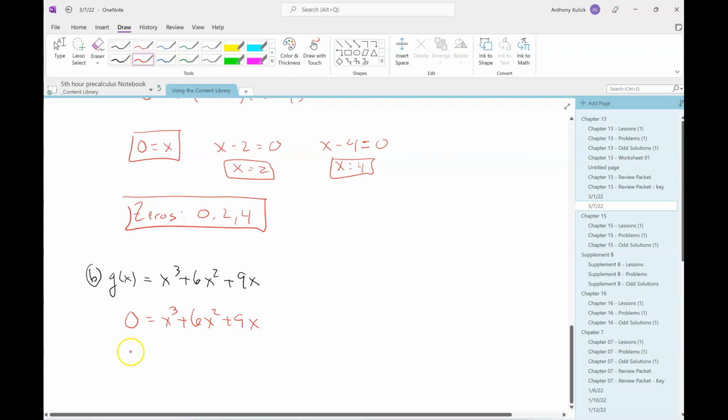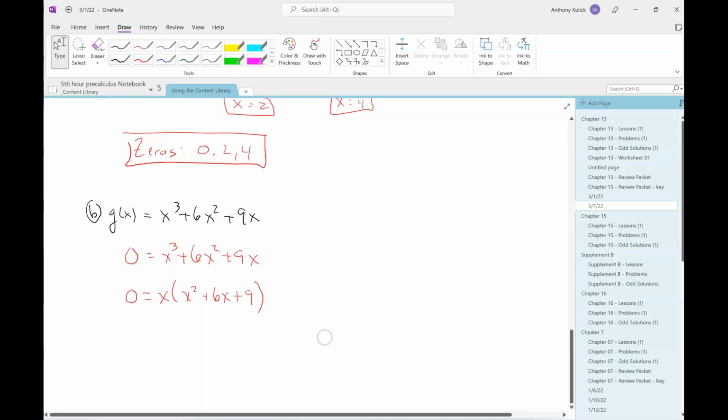What is it? x. Okay. What do we do next? We look at the number of terms. In this case, that's 3 terms. It is in the quadratic form. In fact, it is just a quadratic.